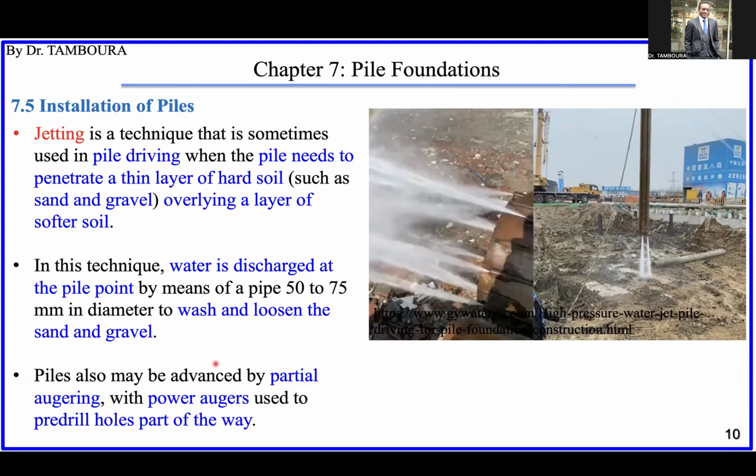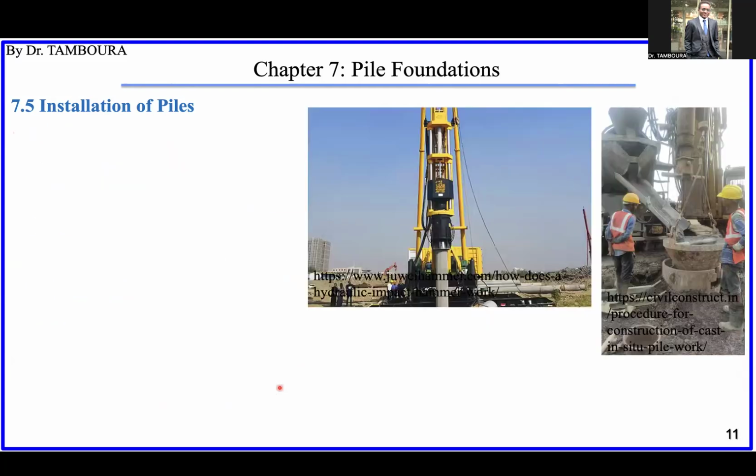So you can partially use an auger to pass through, for example, this kind of layer, to make the hole past the hard ground, because the soil is too hard that simple, easy driving is not effective to get the pile in.